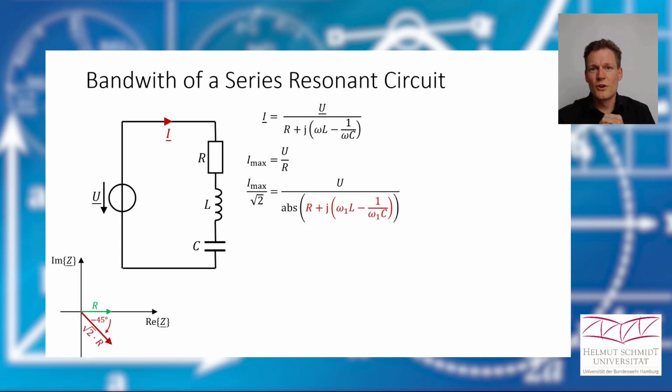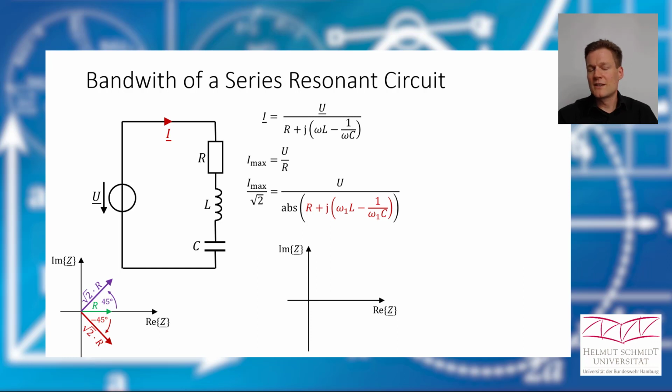We have two corner frequencies. We could also have this impedance here with a positive phase angle. Okay, let's have a look at how we can get them.